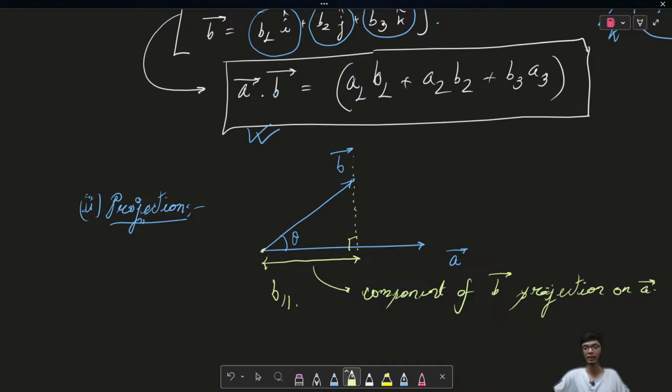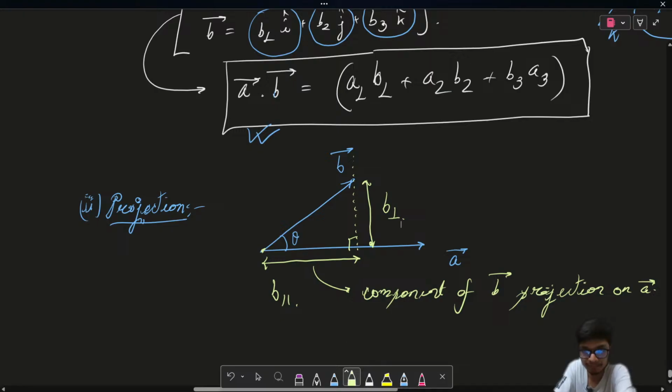We also denote this by b parallel. Similarly, this other length is called b perpendicular, so the perpendicular component of the projection is given by this particular length. Now the question is, how can we find these lengths or vectors?